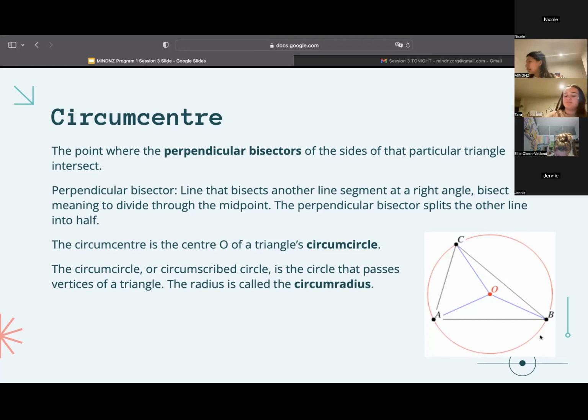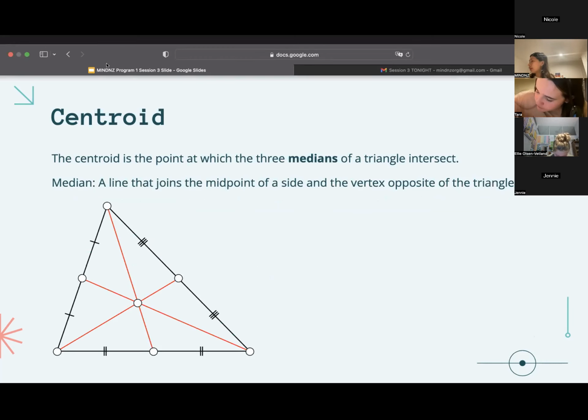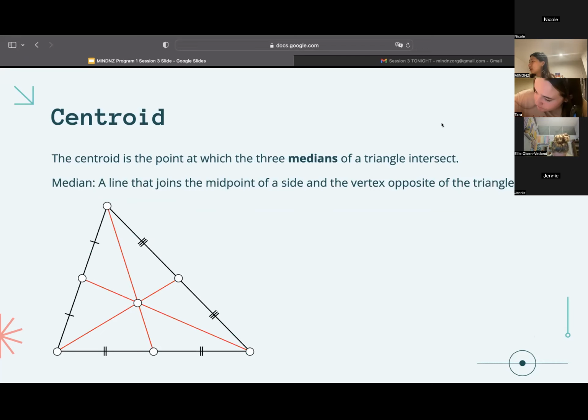Next is the centroid. The centroid has a lot of interesting properties as well, but I would say that we don't see it as much because we're always seeing the circumcircle, so centroids don't come up in as many of the problems.